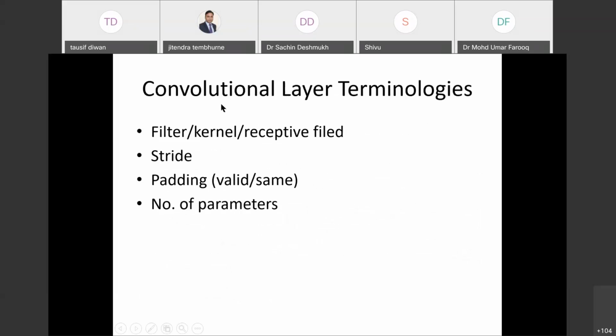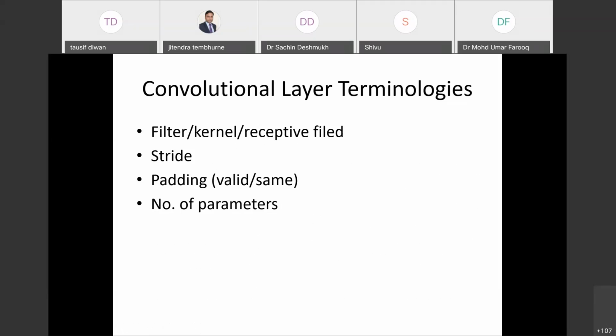Before jumping to the convolutional layer, some terminologies should be clear. Filter is also known as kernel or receptive field. Second one is stride. Stride is the step by which we slide the filter over the input volume. Padding: whether padding of zeros is applied on the input or not.